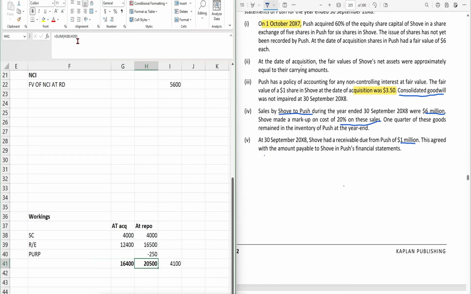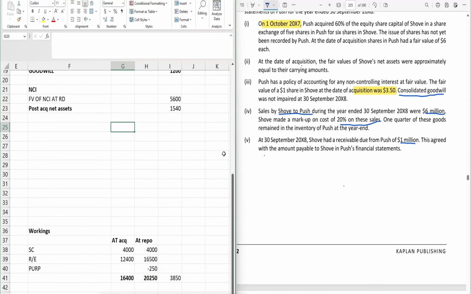So this will give the total value of 38,500. So we need to add 40% of the post acquisition net assets. It will be 40% of this amount, because the movement in the net assets needs to be apportioned between the parent and the NCI. So we will only take the NCI portion in the NCI value calculation.